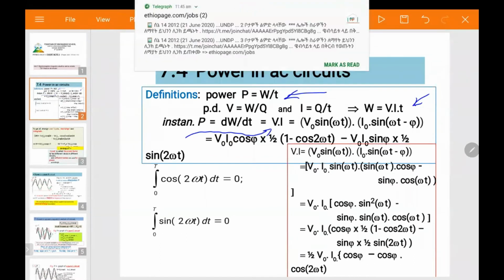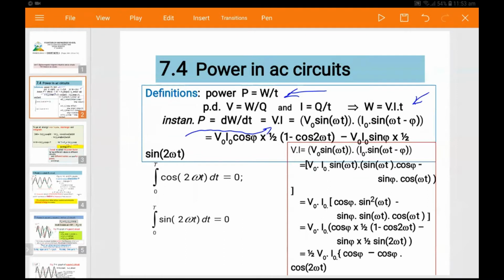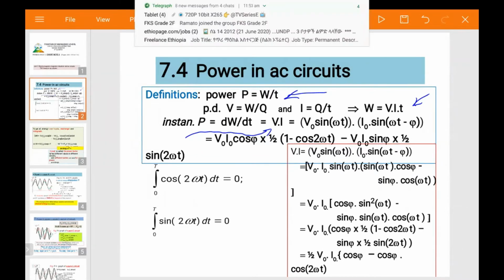Current is equal to I0 sine omega t, but this is a little bit difficult. All of what I'm telling you is very simple. We have instantaneous voltage to be multiplied by instantaneous current. What do we write there? You can pick, you decide anything you want, but there is a general formula.